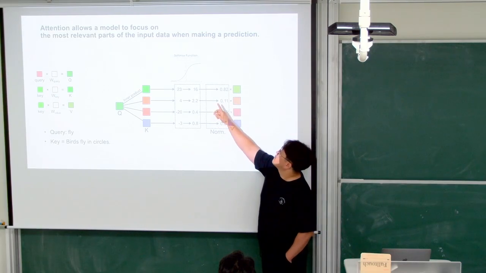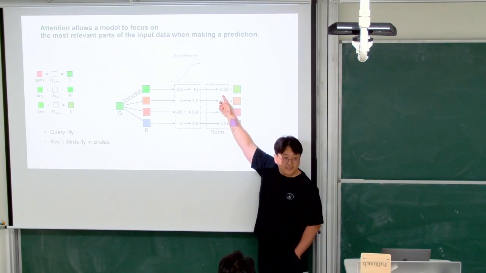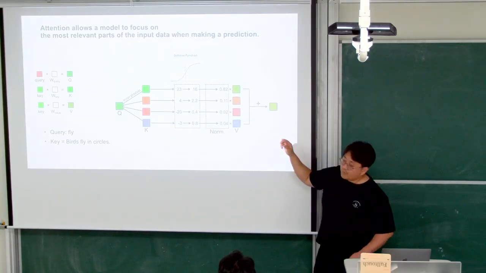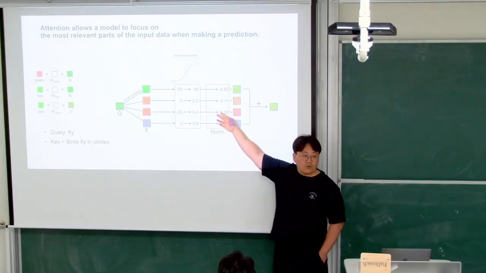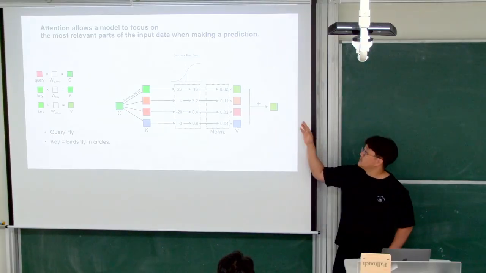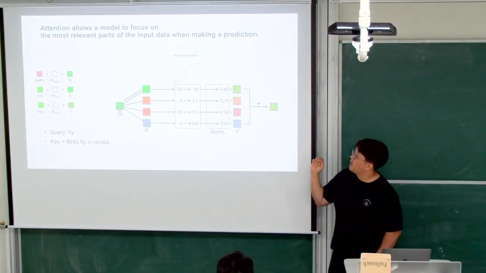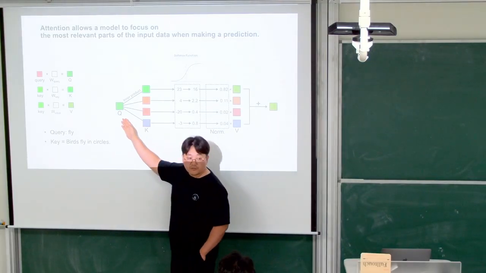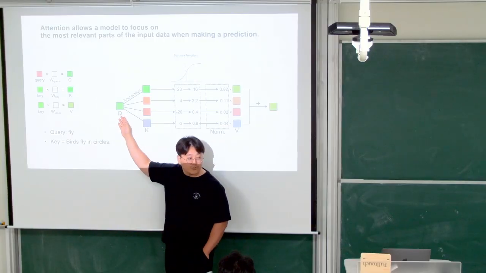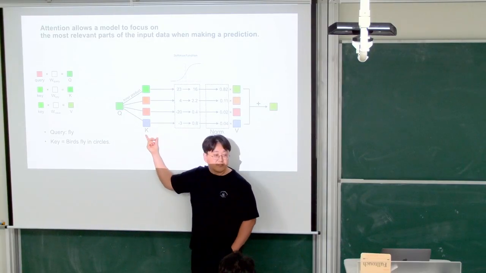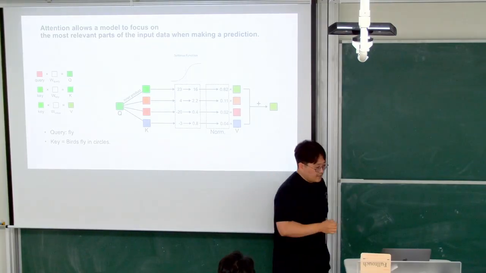We multiply the score, the weight, to the value tensor, and then add them to get the final result. So this tensor reflects not only the information contained in Q, but also the context of the sequence, right?